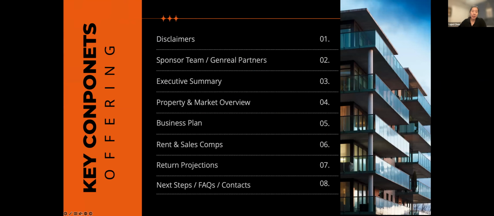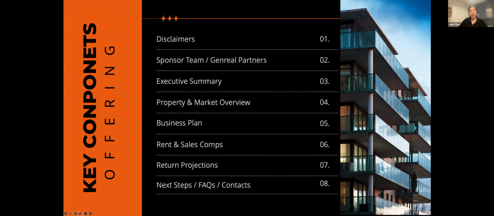So I'm going to go over this list. Disclaimer: basically, this is all your legal terms and everything else, saying you need to do your own research, the investment has risk, this sort of language. You're going to get an introduction of the team and a little bit about their background and their credentials.